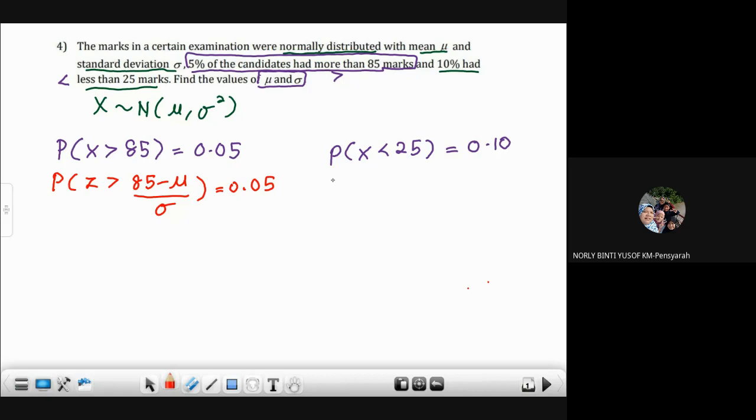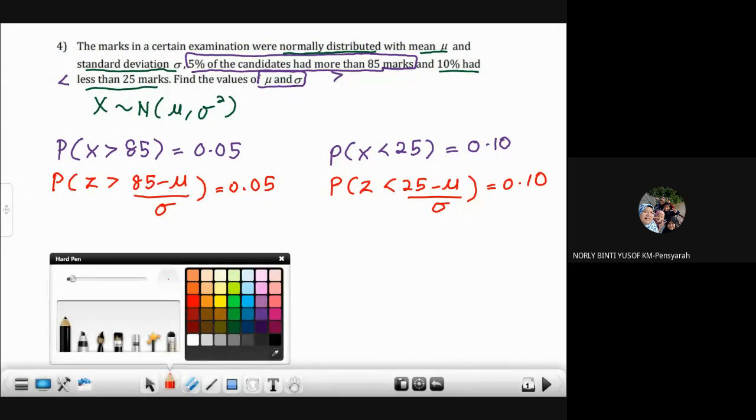So sama untuk discrete lesser than 25, standardized score Z, 25 minus mean divided by standard deviation equals to 0.10. You standardize the discrete, you get marks. You write the information in the question as the probability with the discrete, you also get marks. That is pengetahuan lah. Warna merah tu adalah konsep, working.